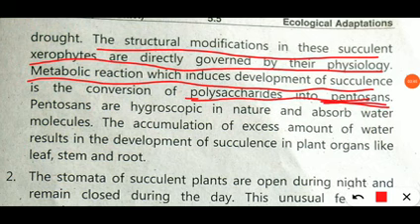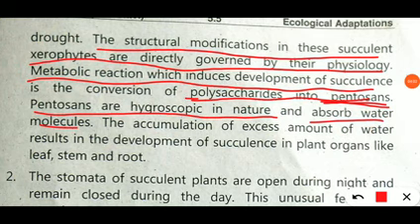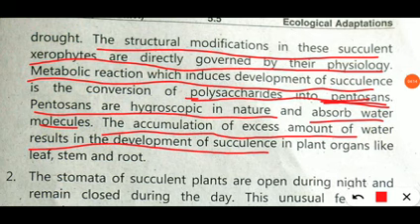Now, what is the function of these pentosans? Why is glucose converted into pentosans? Because pentosans are hygroscopic in nature. Having this hygroscopic nature, they absorb water molecules, the moisture, from the air. The accumulation of an excess amount of water results in the development of succulence in plant organs like leaf, stem and root.